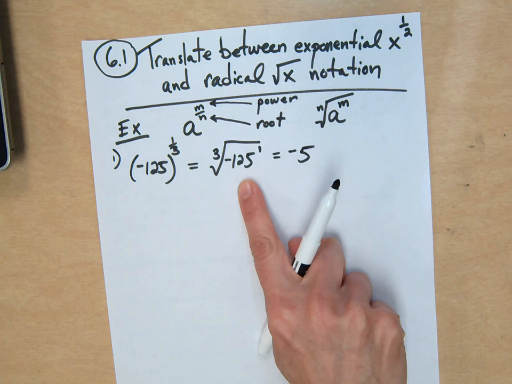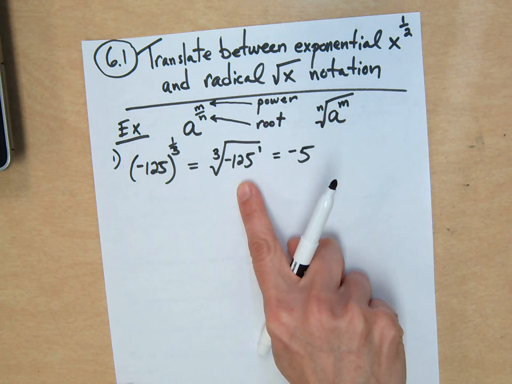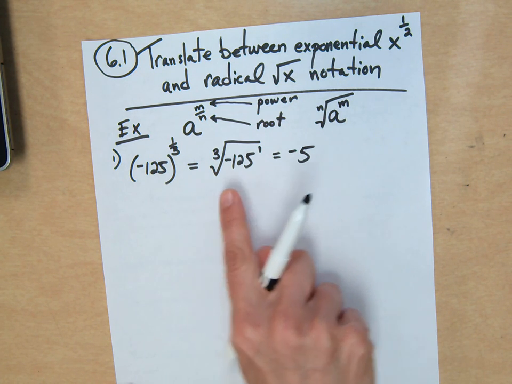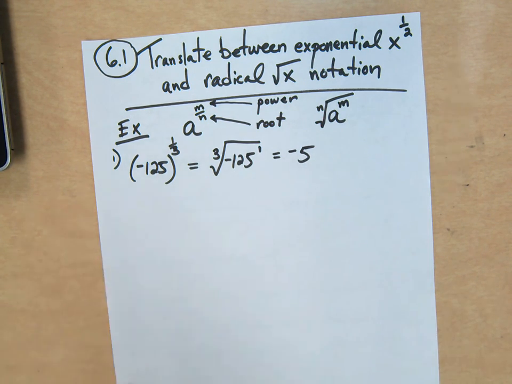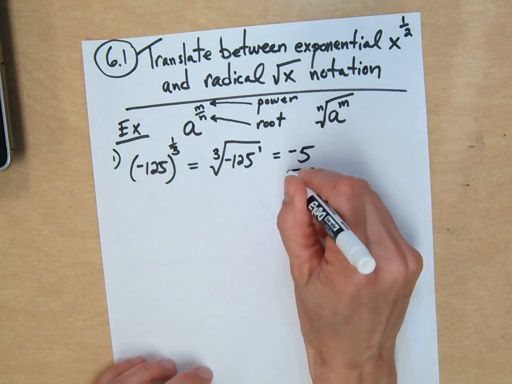Now you might be wondering, we can't have a negative under the radical, so why are we allowed to here? What's the root we're taking? Cube root. That's okay. You can take odd roots of negatives, but you can't take the square root of a negative number. Any odd root you can. Good. So the answer is negative 5.